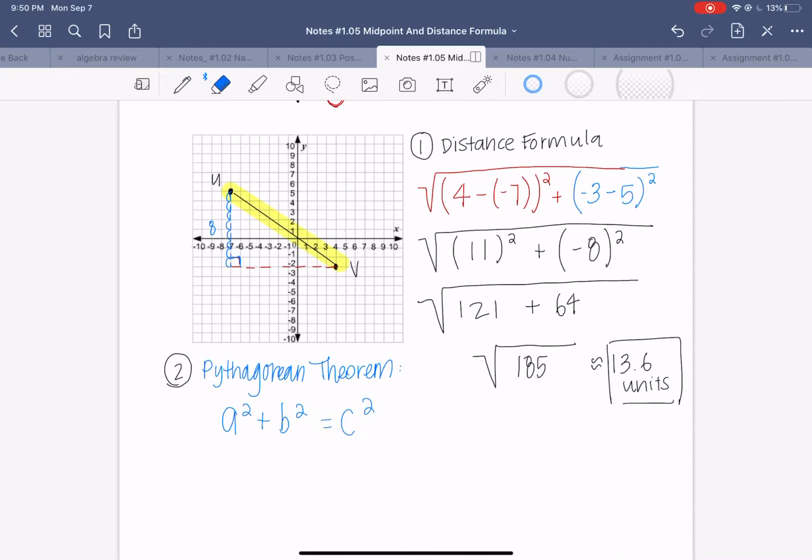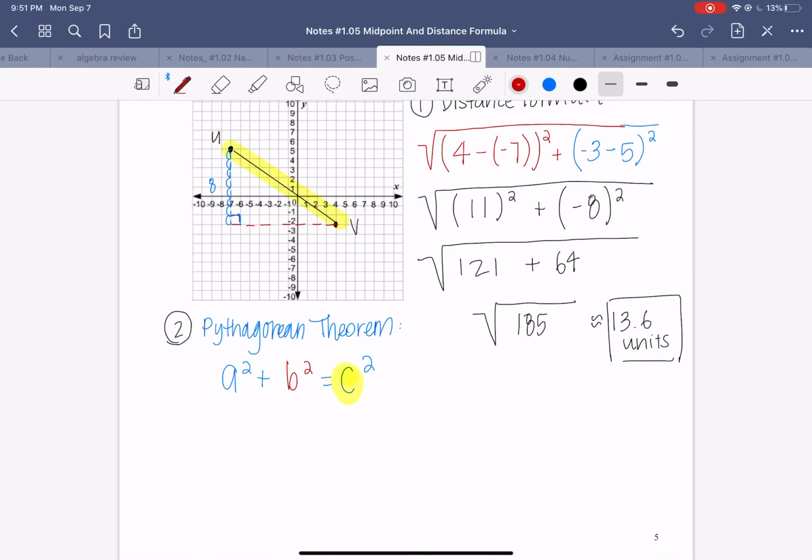I'm going to write b squared in red because that's what I'm going to use, and then highlight. So the unit for a, we have 8. So we're going to plug in 8. Notice how we're getting the same numbers.